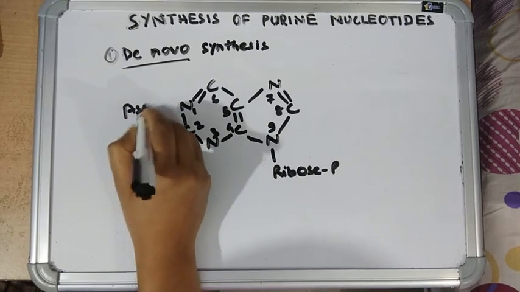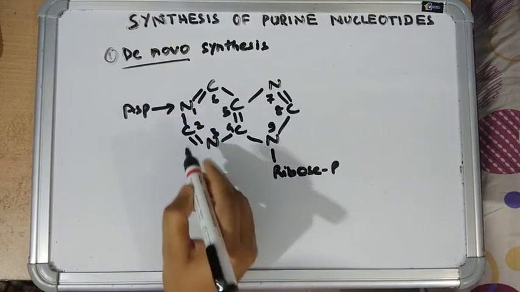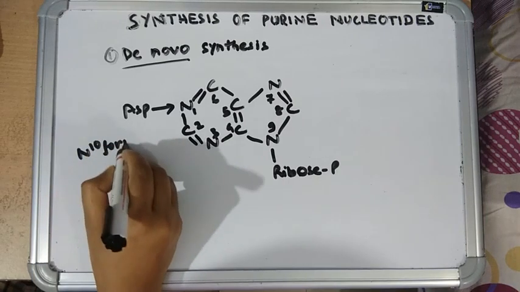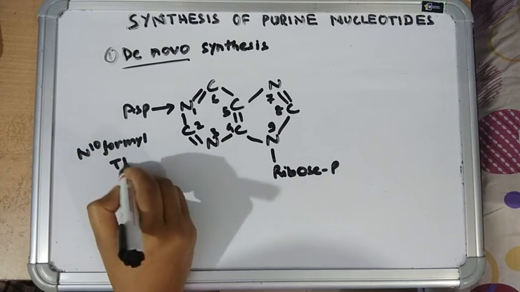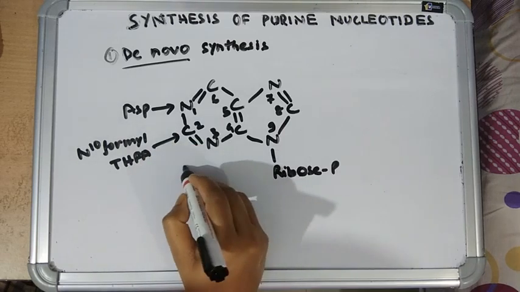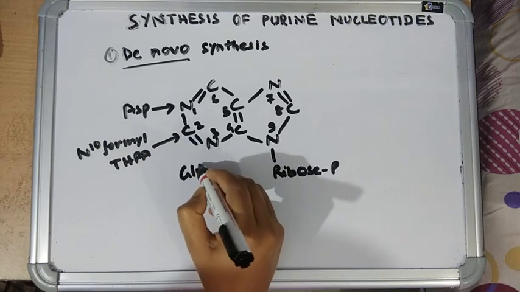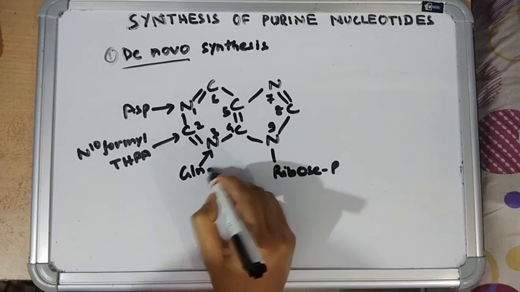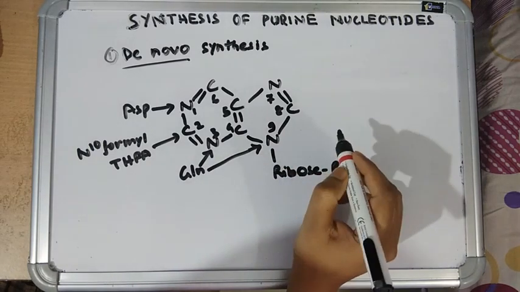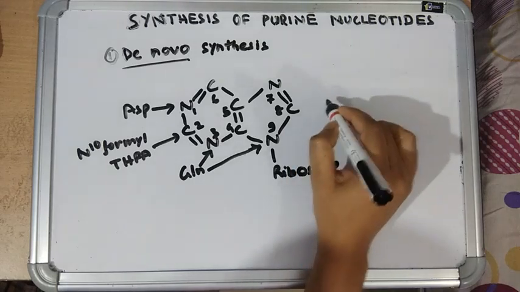The source of C2 is N10 formyl tetrahydrofolic acid. The source of N3 and N9 is glutamine.